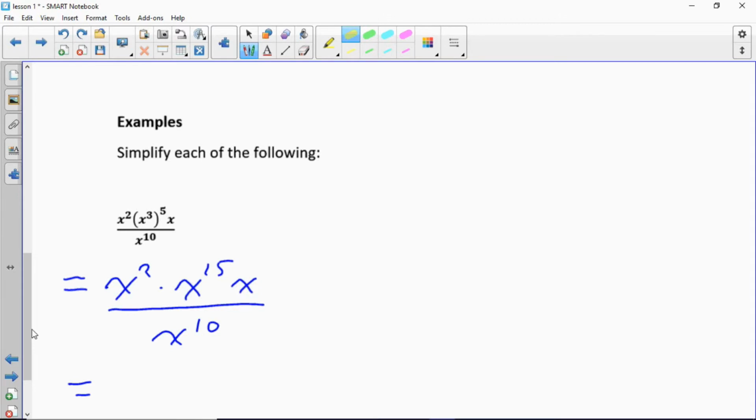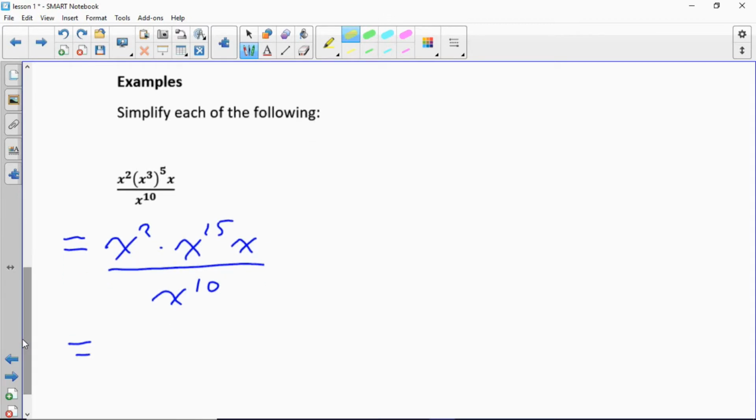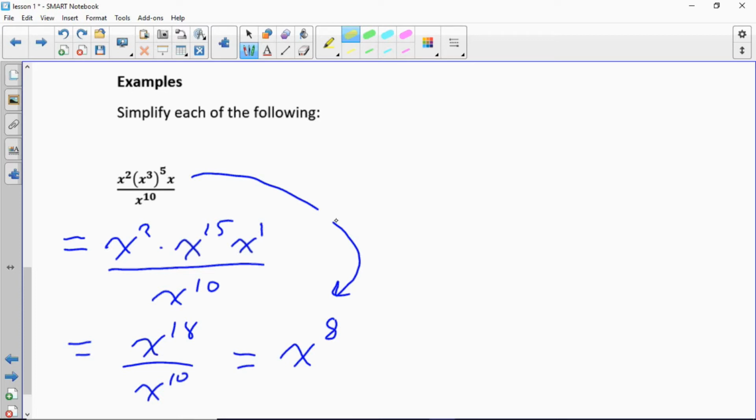Looking at the numerator of that fraction, I can add the exponents, keeping in mind that's a 1, because I'm multiplying. So 2 plus 15 plus 1 would be 18. Last step, dividing powers, we subtract the exponents, and we get x to the power of 8. So this big ugly expression here is just the same as x to the power of 8.